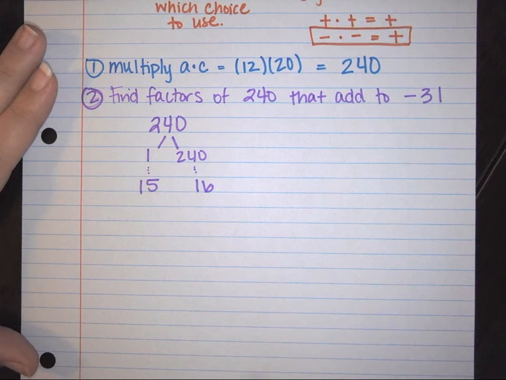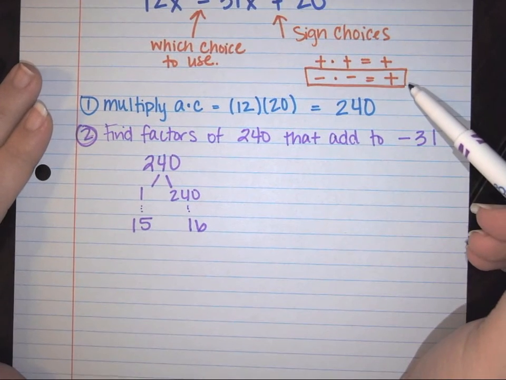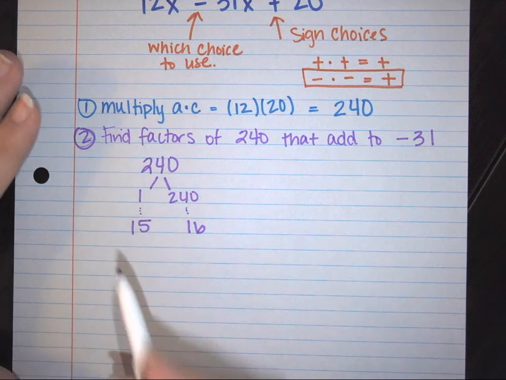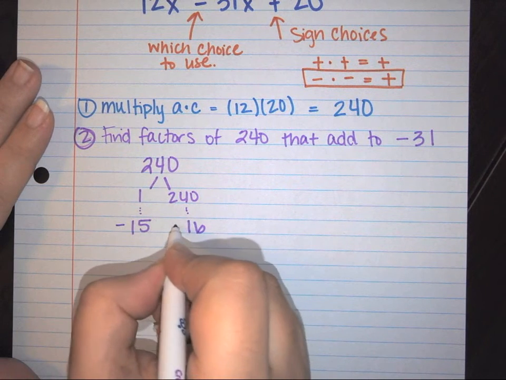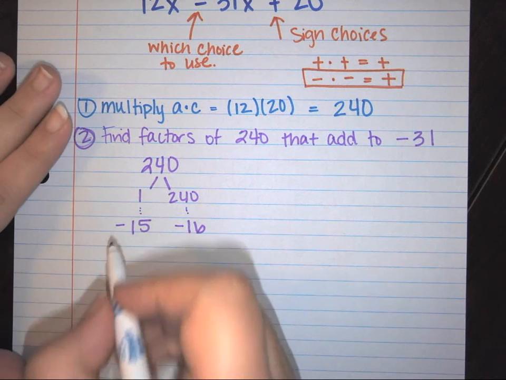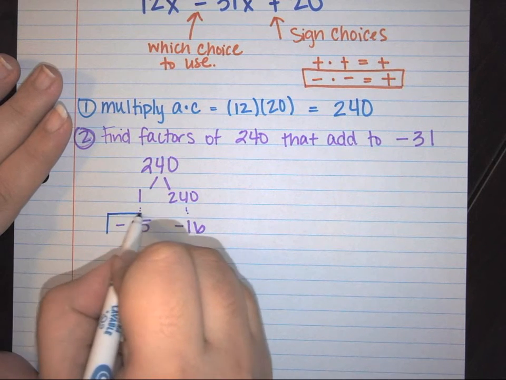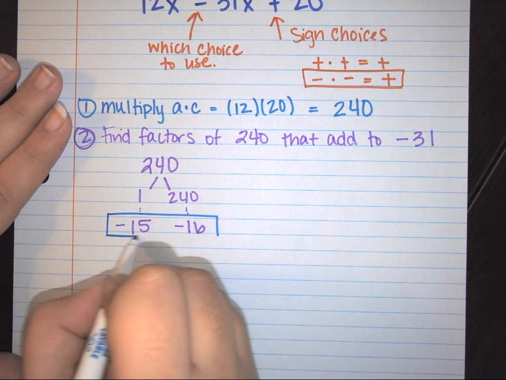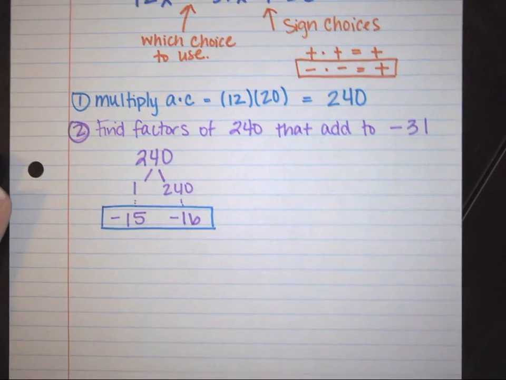Now the other thing we know is that both of my factors are supposed to be negative. Okay? So however much you have to list is completely up to you. It's just what you need in order to answer the problem. So we are looking for the two factors, and so these are going to be it. This is what we need to use. Okay.